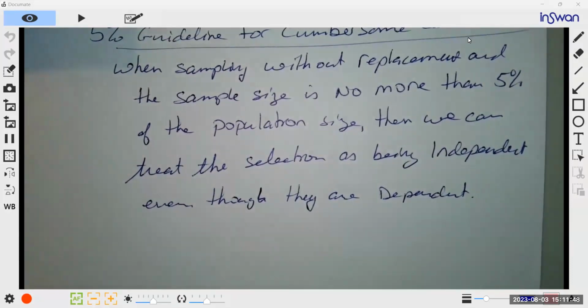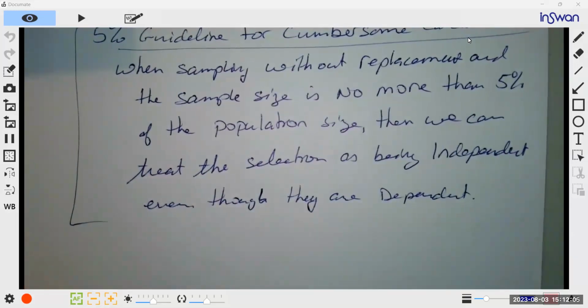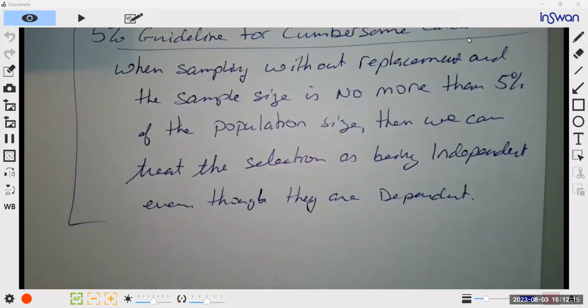What we can do is, if the sample size is large enough that 5% doesn't make much of a difference, then we can go ahead and treat it as independent, because it's making the changes so insignificantly small that it won't matter. So that's the 5% rule. So in your homework and everything, if it gives you a population size, take 5% of that and see if the sample you're using is within that number.